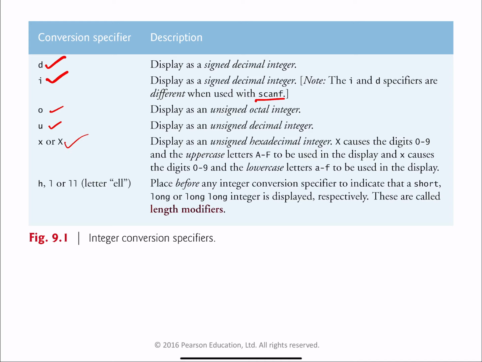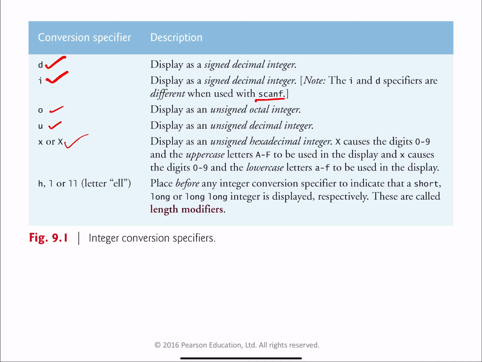There's a difference between the lowercase x and the uppercase X, and it's really just this. If you use the lowercase x, the alphabetical digits A through F will be lowercase. If you use the capital X version, the alphabetical digits A through F will be the capital letters. That's the only difference here.